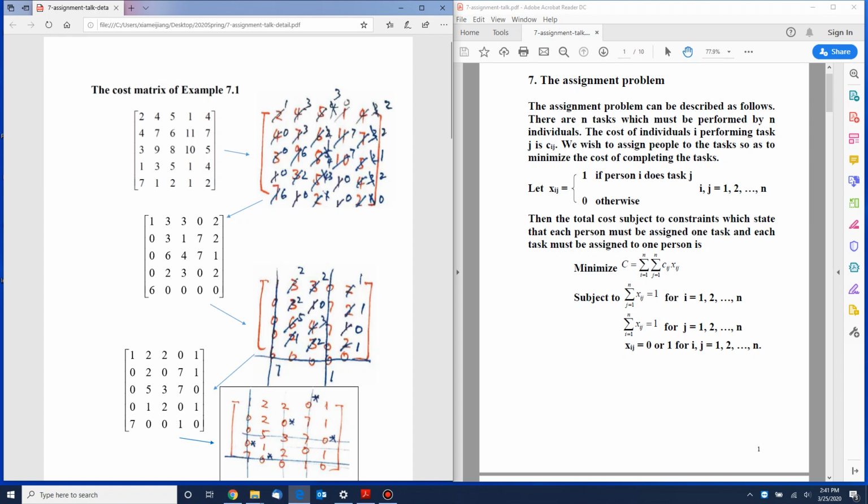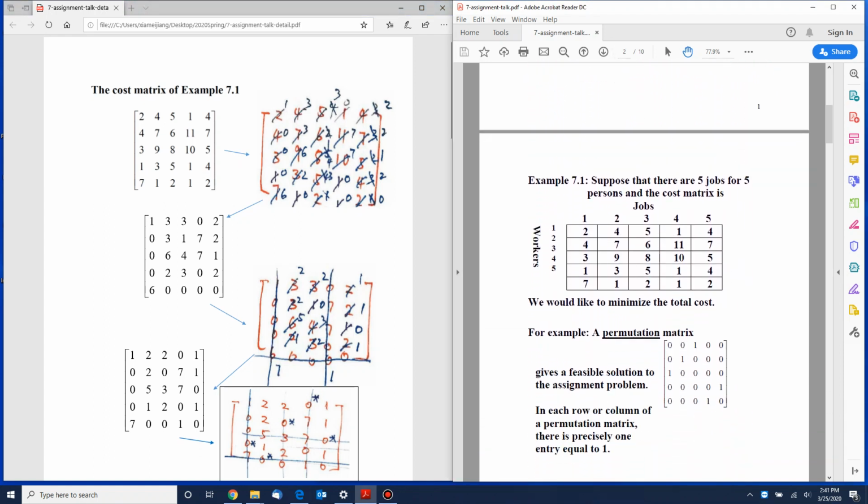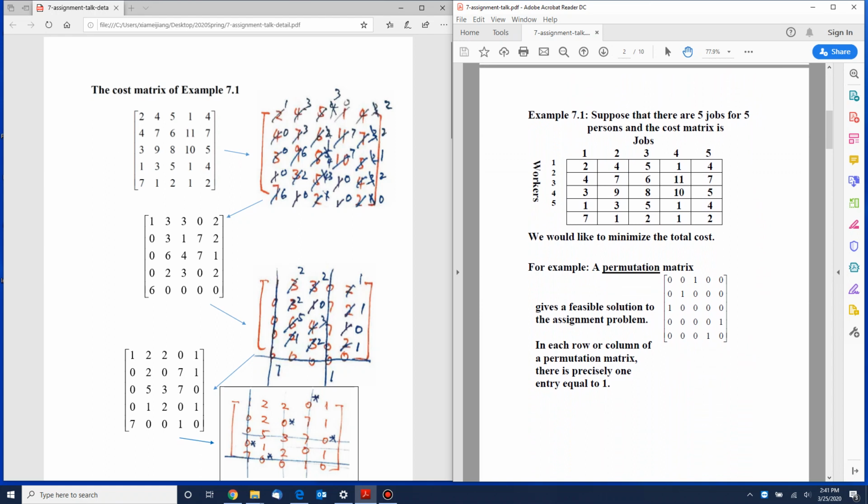Just like this, right? Now let's look at how we may solve this kind of problem. We also start with an example. Suppose there are 5 jobs for 5 persons, and the cost matrix is listed in the table.